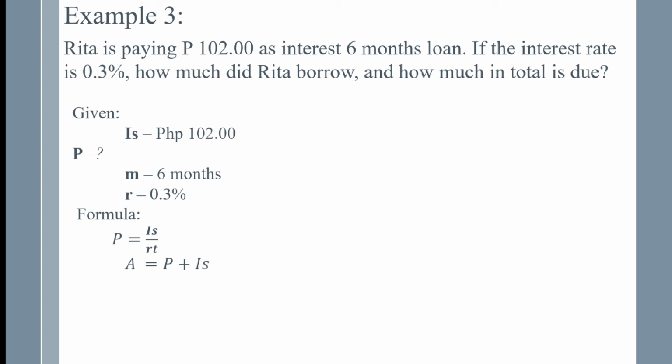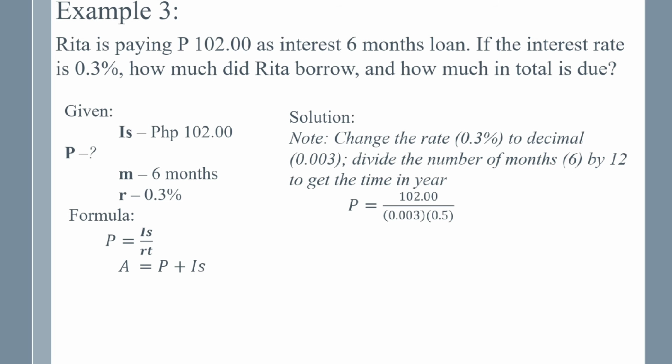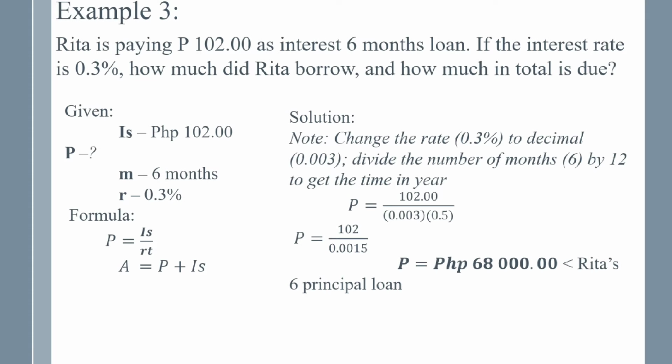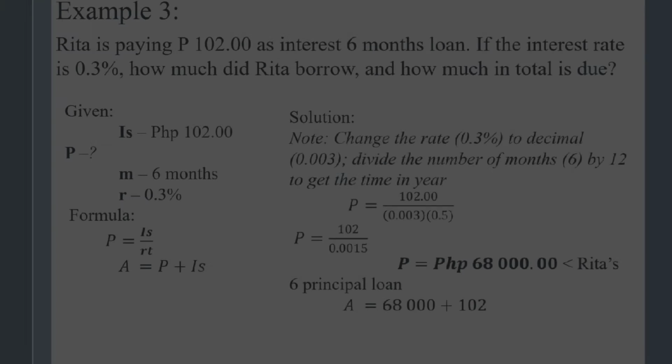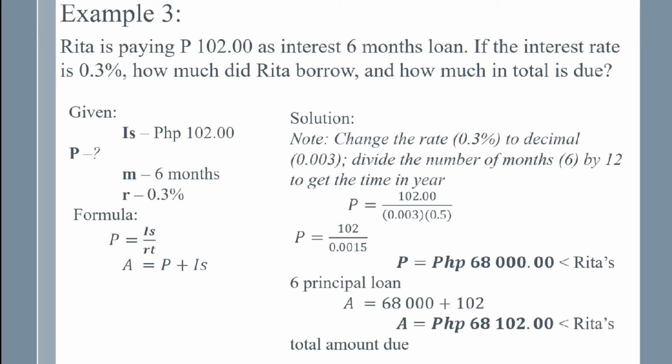So next, we just have to substitute and solve. After solving, we get the answer 68,000 pesos, which is Rita's principal loan. And we will also get the answer of 68,102 pesos, which is Rita's total amount due.